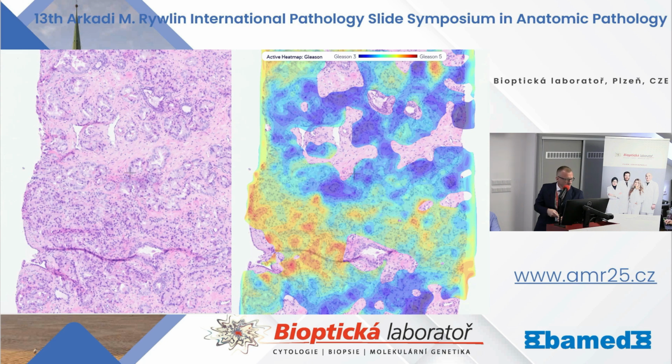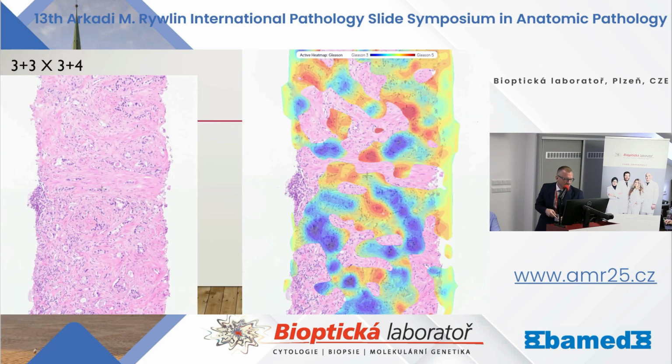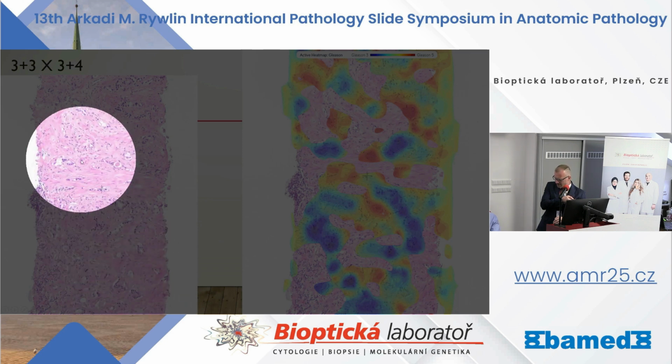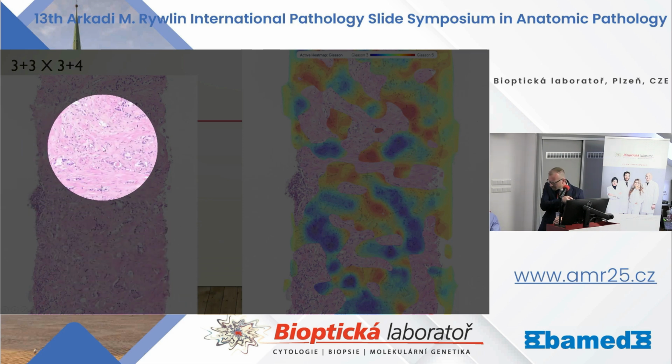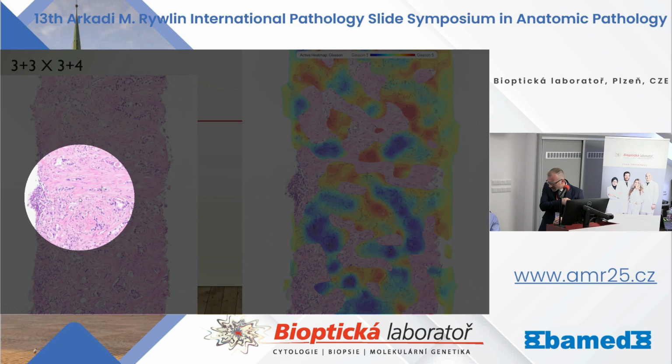But something like this seems to be a bit of a problem, because it really can't understand how the deeper cut works. Here you get a nice 3+3, grade 3 gland.